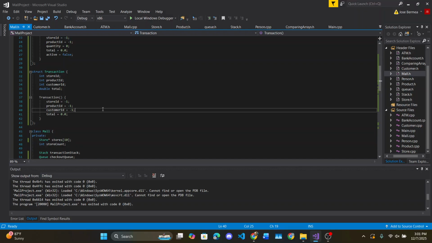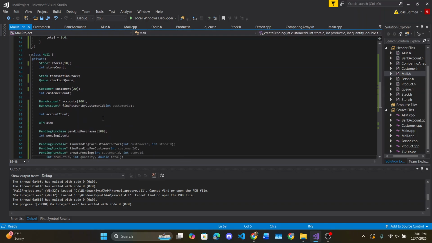Since we can't actually access the stack directly, we have to get a temporary stack and then push it to this transaction instruction. Then we have an array of up to 10 store pointers. Then we have the customer objects here, the array, and then the accounts, everything here.